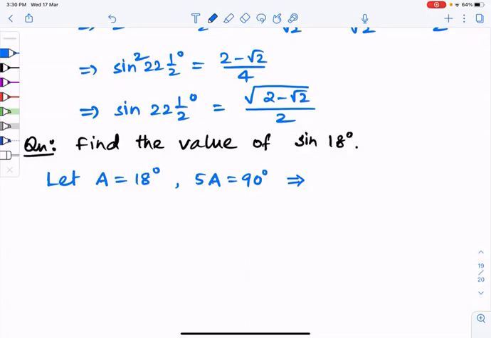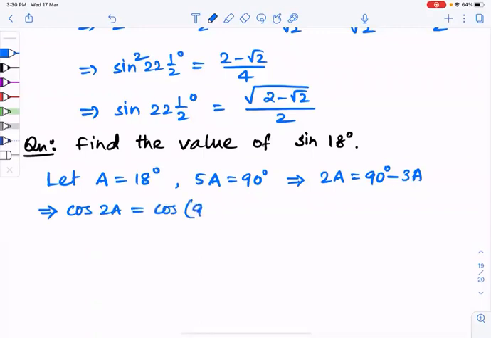Let A equal to 18 degree, 5A equal to 90 degree, that will imply 2A is equal to 90 degree minus 3A. Okay, that will be correct. So what we do is we apply cos both sides. So I get cos of 2A equal to cos of 90 degree minus 3A.